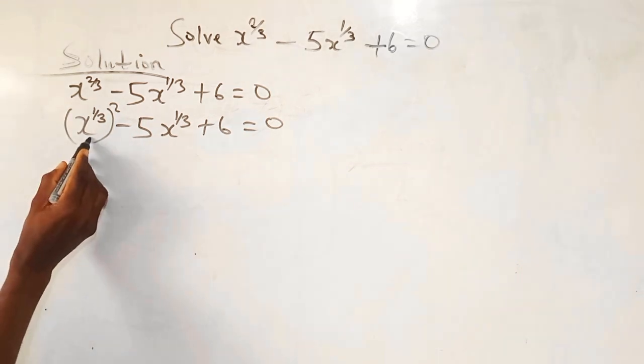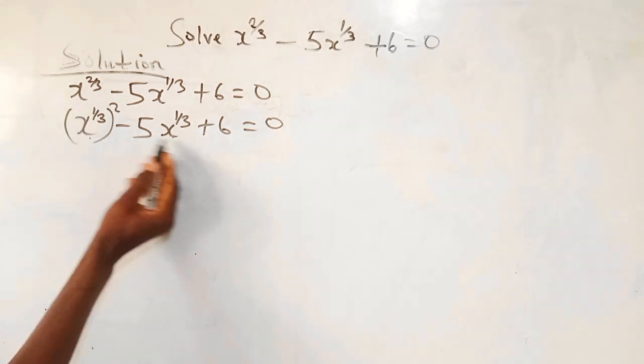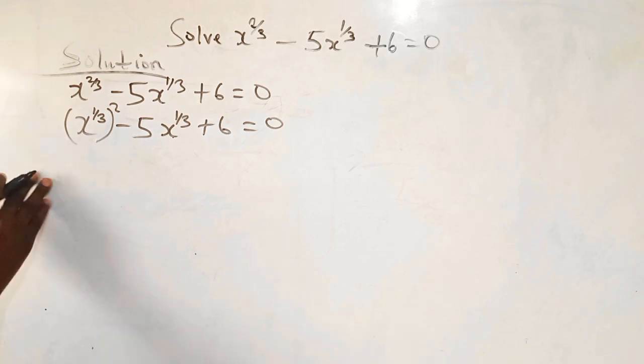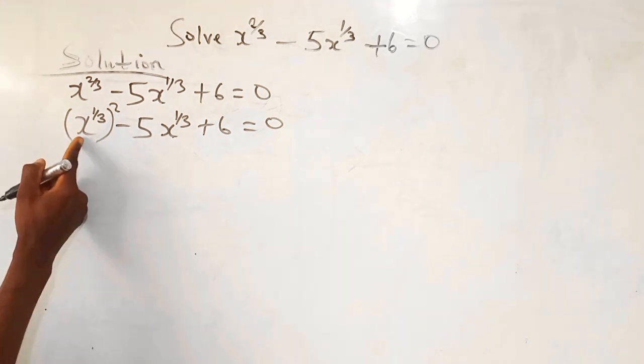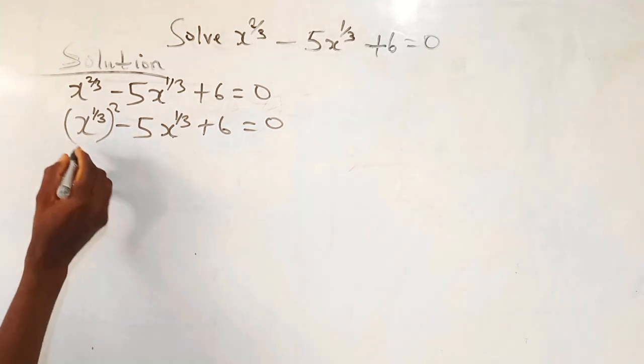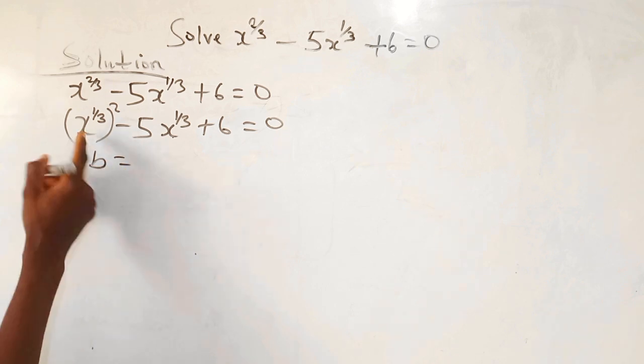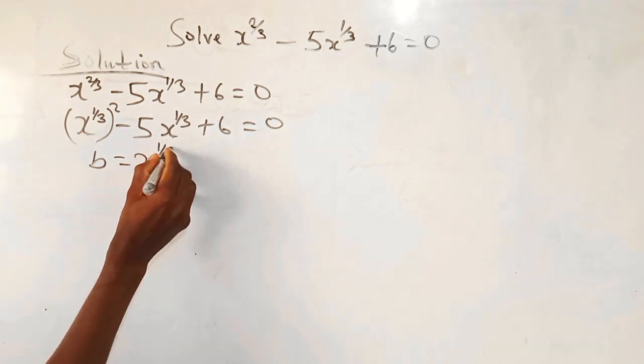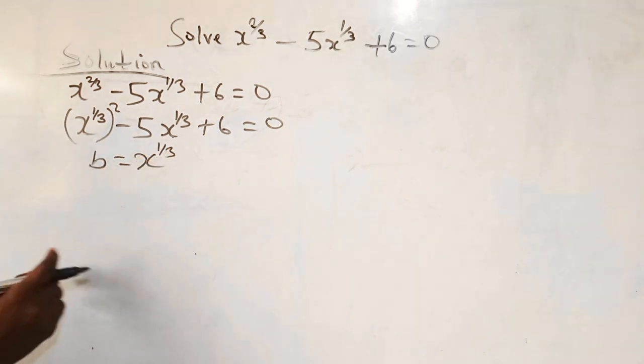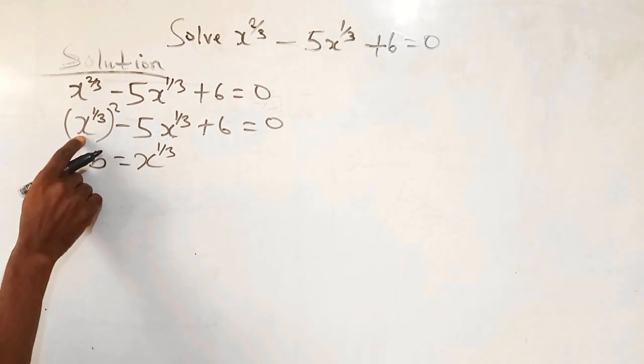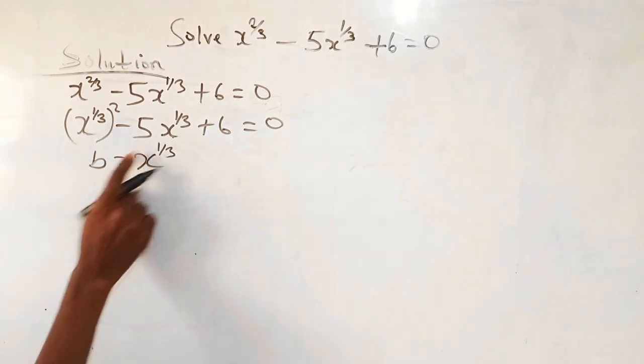So when we look at this, they are not equal, so we now assume a letter to represent this. Let us assume letter b to represent x to the power of 1 over 3. The next thing we do is replace this with letter b.